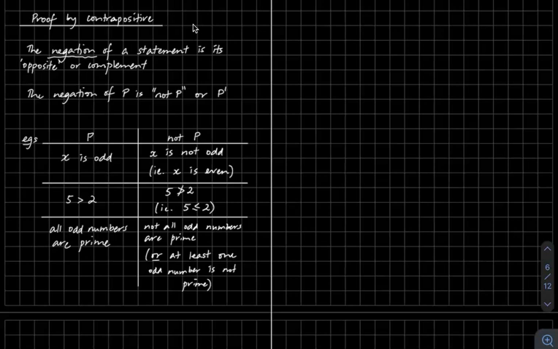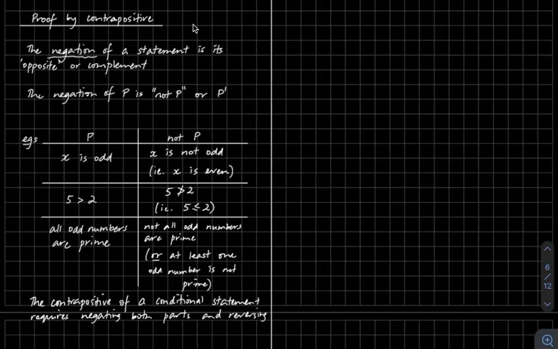So how do we use proof by contrapositive? Well, the contrapositive of a conditional statement requires negating both parts and reversing the implication.